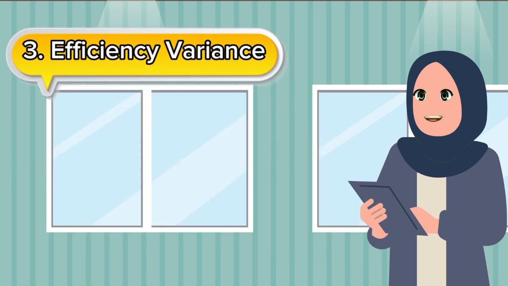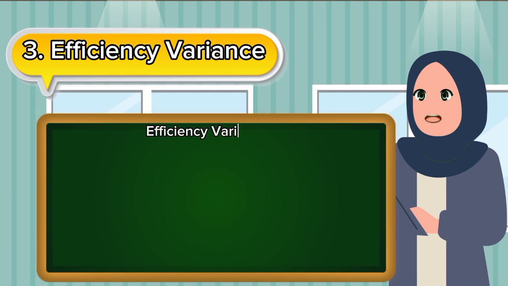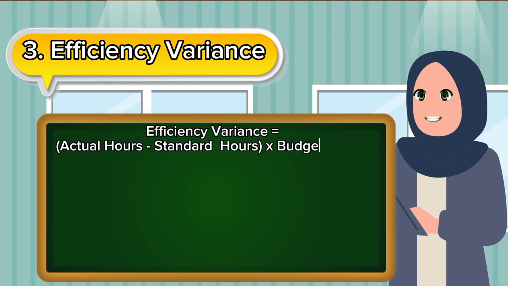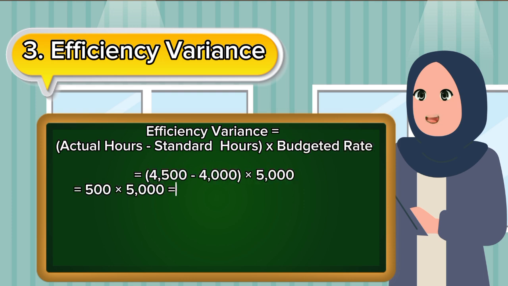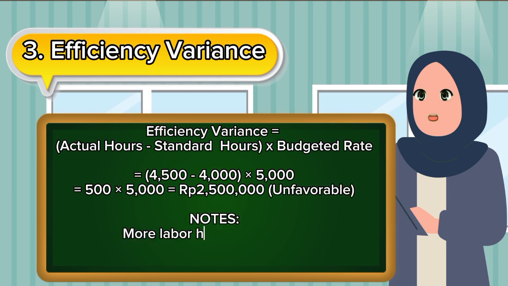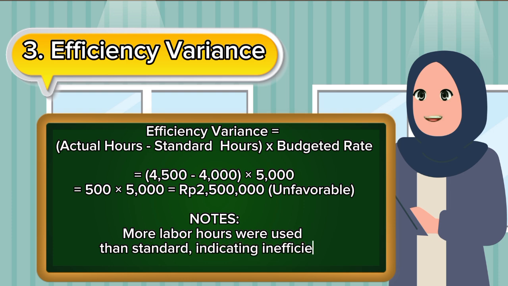And the third step is efficiency variance. Efficiency variance we get from actual hours minus standard hours and multiplied by budget rate. So 4,500 minus 4,000 multiplied by 5,000, and the answer is 2,500,000, and this is unfavorable.